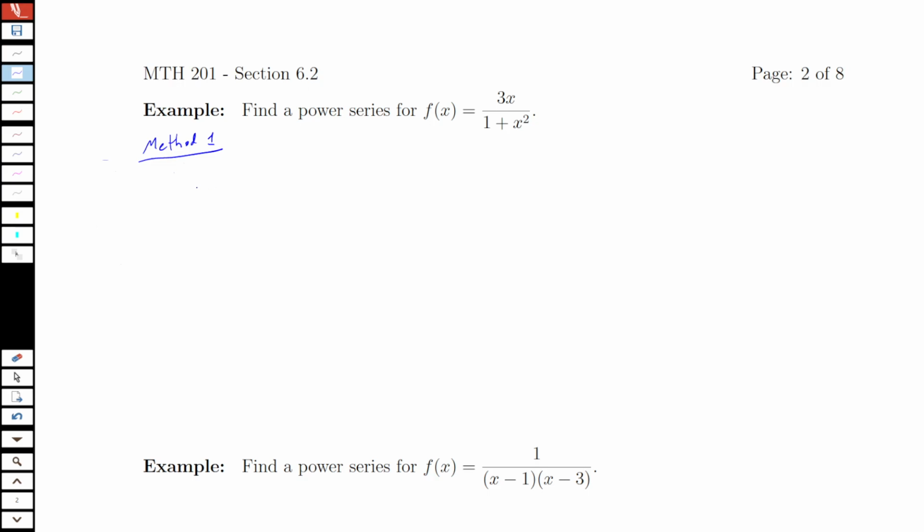Okay, so the first way that I can go about finding a power series, I know from the geometric series that 1 over 1 minus x is the sum from 0 to infinity of x to the n. Okay, and then using the properties that we just talked about, if I want to have a positive x squared here instead of a minus x, I can do composition on both sides, where I replace my x with a negative x squared.